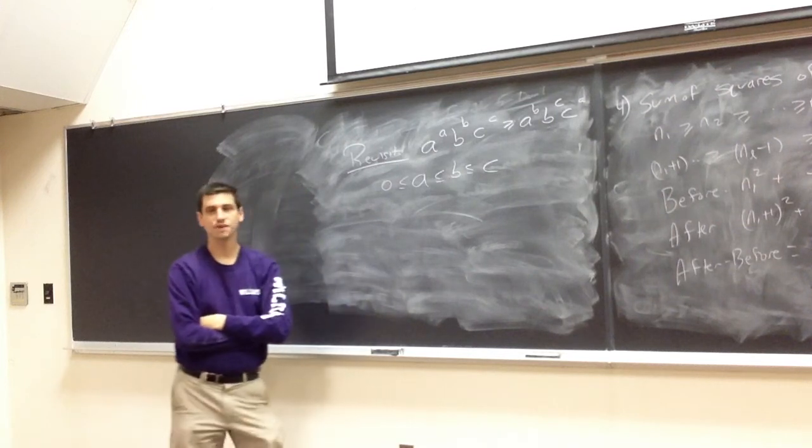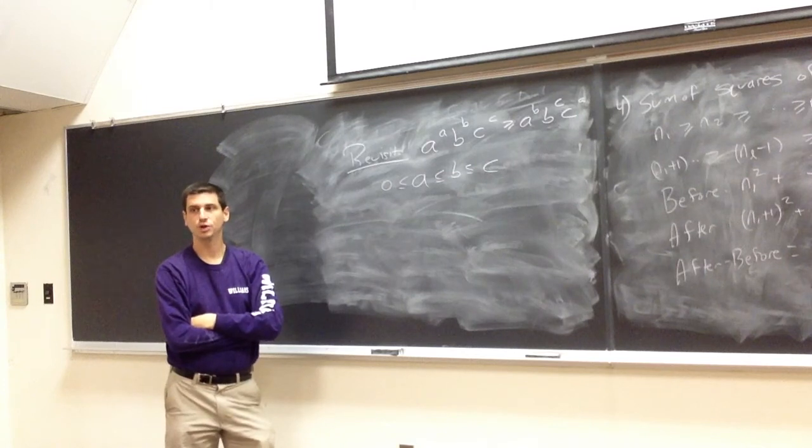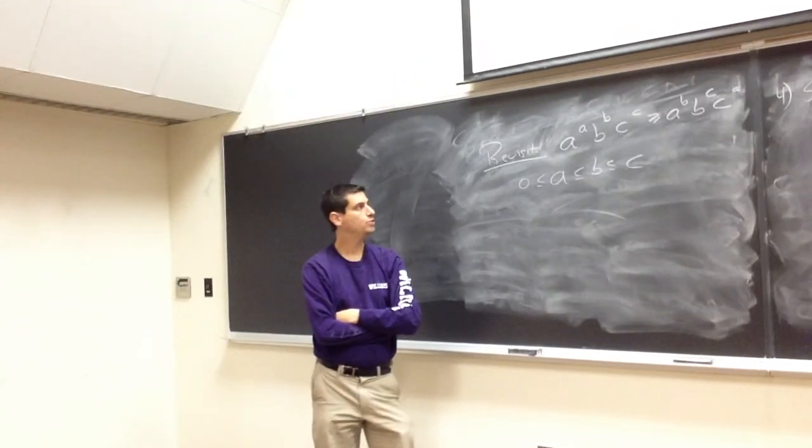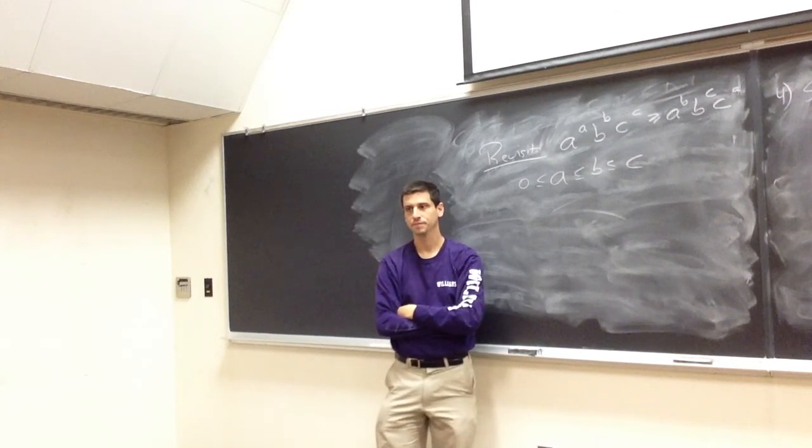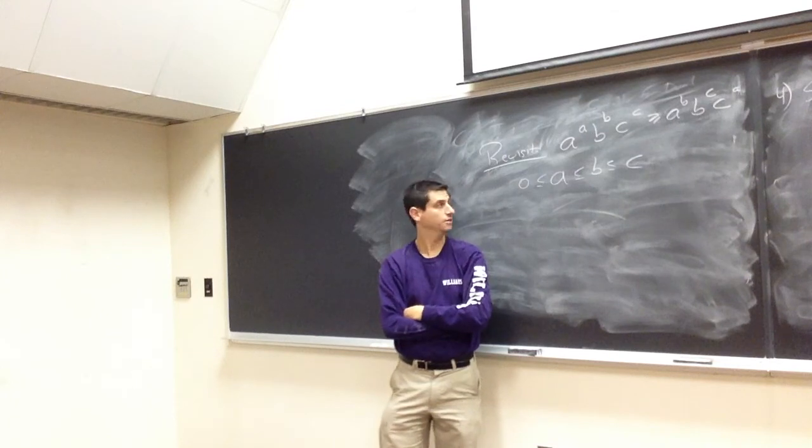And so this is very similar to this monoinvariant. Which would you rather have? A raised to the cth power or c raised to the cth power? Which is going to give you a bigger number? C to the c.